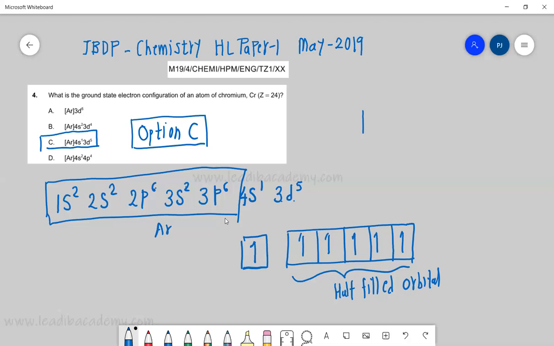For example, if it is like this, something like this, this is not completely half filled or fully filled, so this is not going to be stable. This is a much more stable configuration, and that's the reason this is preferred. So you need to remember this concept. There is nothing else. Very simple.